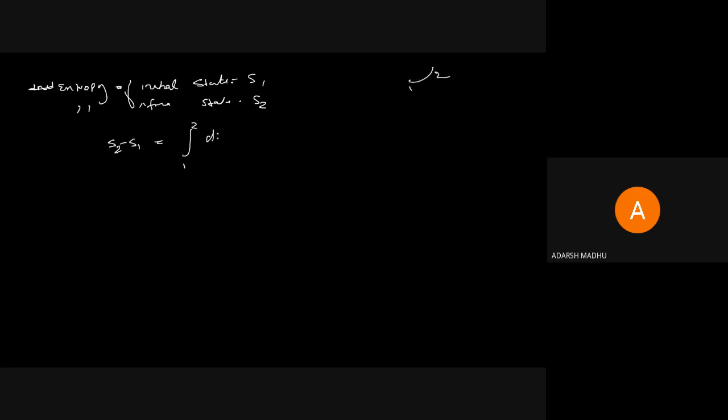If the entropy of the initial state is S1 and the entropy of the final state is S2, we can write the total change in entropy as S2 minus S1 equals the integral from 1 to 2 of dQ by T, where 1 to 2 means the process A to B. If it is a reversible process, we can write S2 minus S1 equals the integral from 1 to 2 of dQ by T, reversible.